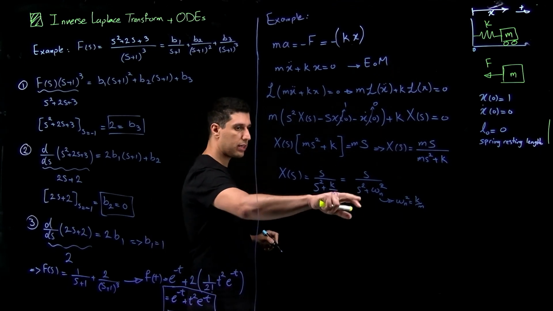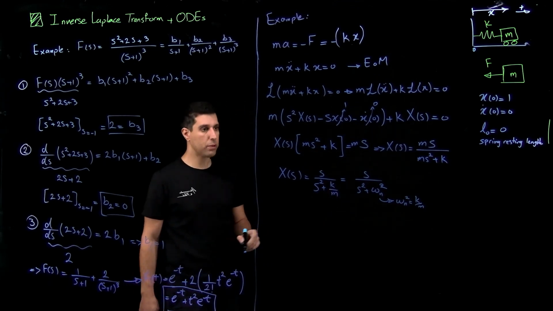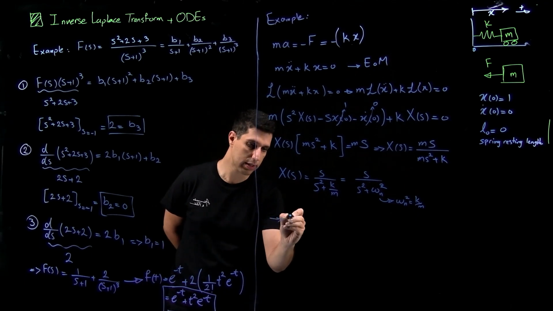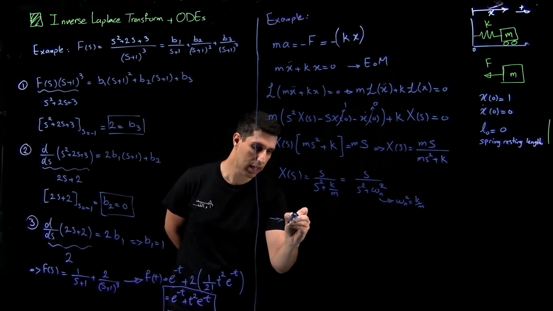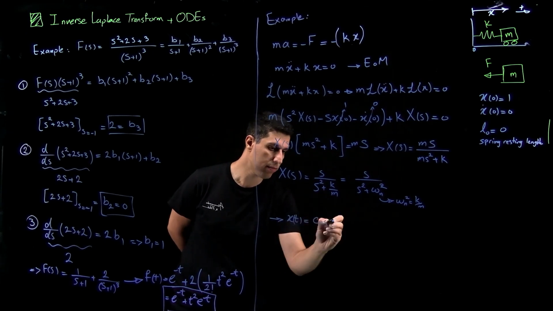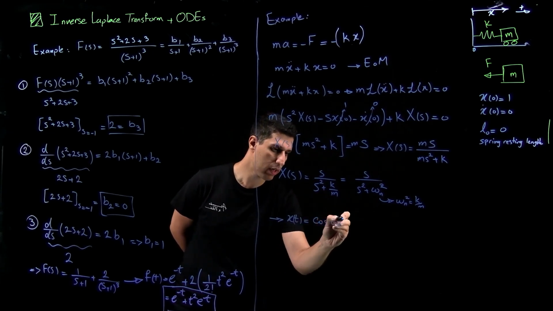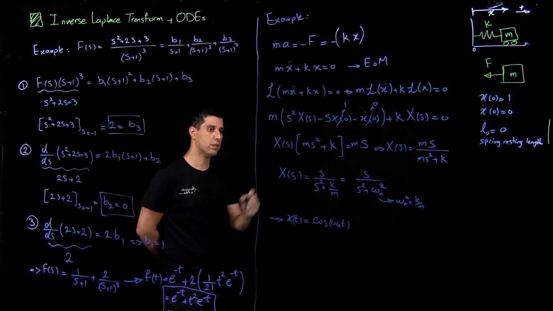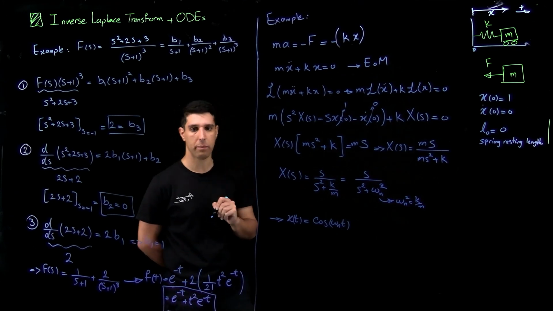Now this is a familiar form. This is the Laplace transform of the cosine function. So from here we can see x of t is cosine of omega n t, where omega n is the square root of k over m.